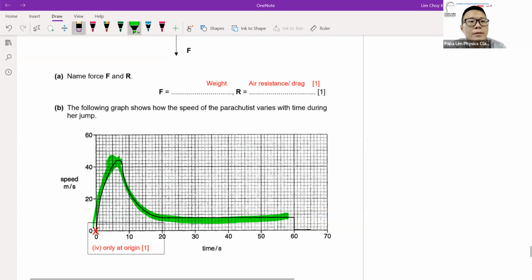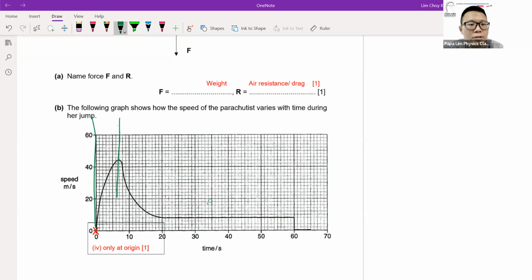For example, in this section here, the parachutist is dropping down. In this case, you look at the speed, how the speed is increasing. It's actually at a very fast rate. And you'll find that if it's increasing, it will hint to me one thing, that is the parachute has not been deployed.